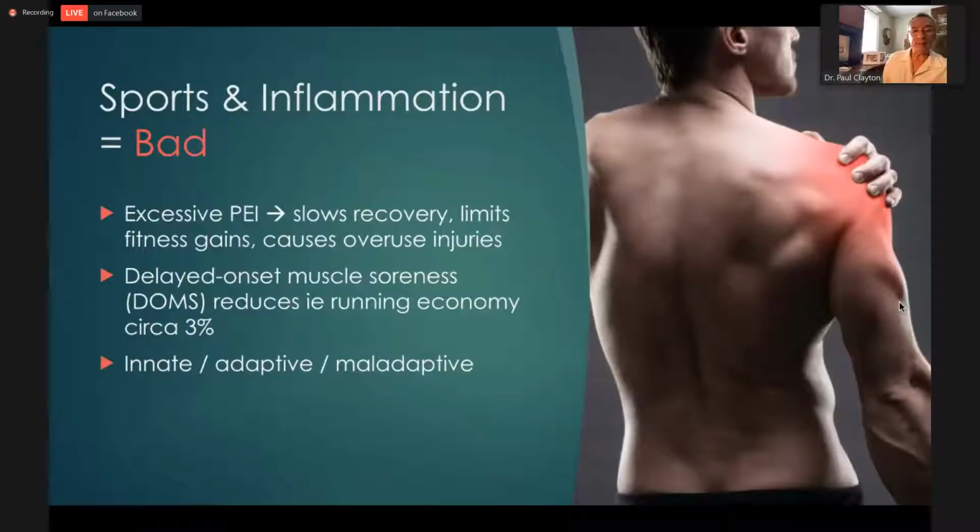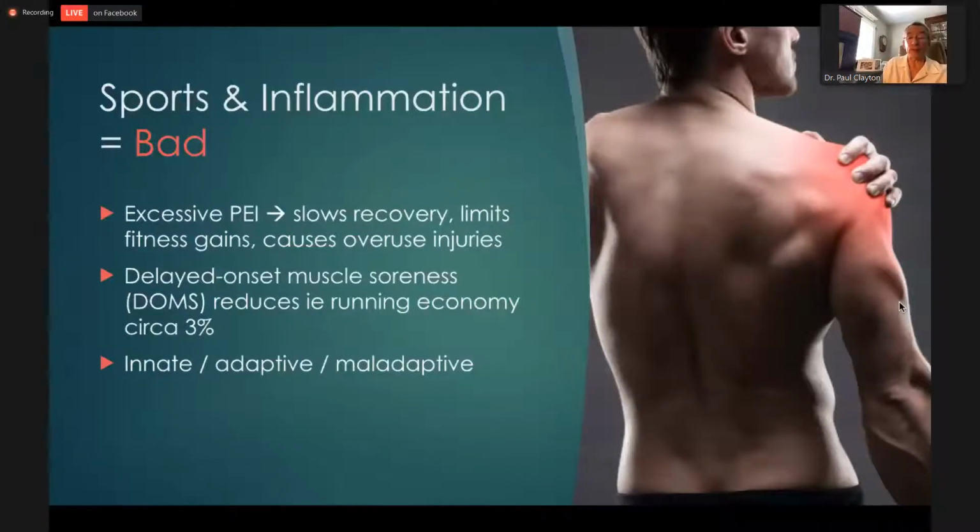Now, the problem is that if you have undertaken the wrong type of exercise, perhaps you've gone at it too hard, too fast, too early in the season, and particularly if you're not eating the right kinds of foods, then you end up with excessive post-exercise inflammation and excessive post-inflammation damage. If this happens, then this prevents the normal regeneration of muscle tissue, and you end up with a very limited increase in fitness.